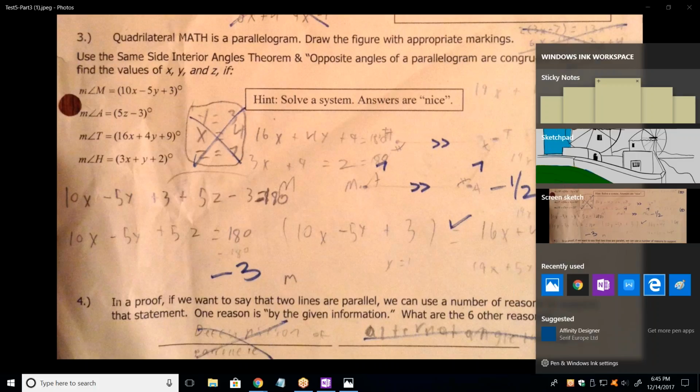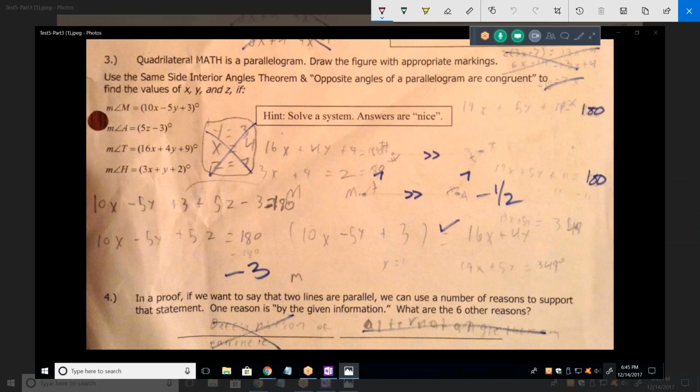What am I missing here that I'm not seeing that should be on there? A diagram, a drawing. Always do that in geometry, just because it always helps. So let's draw a parallelogram. A parallelogram looks kind of like this.